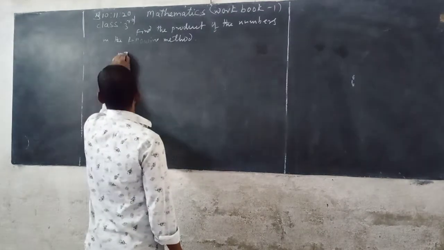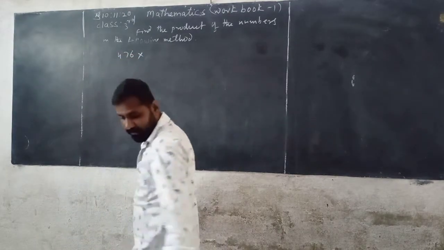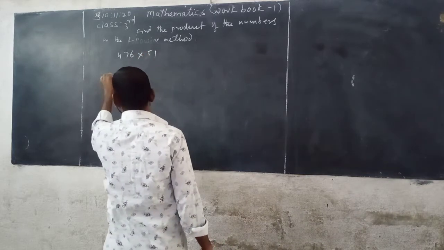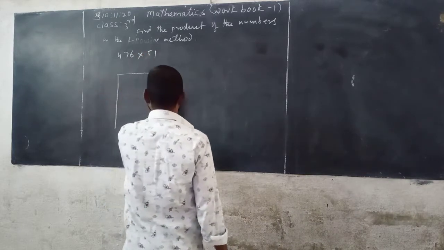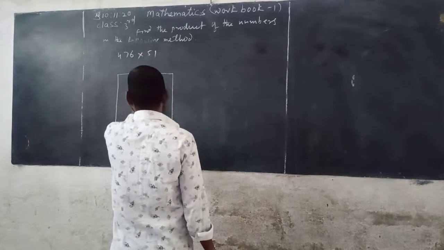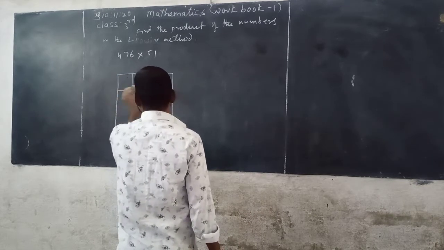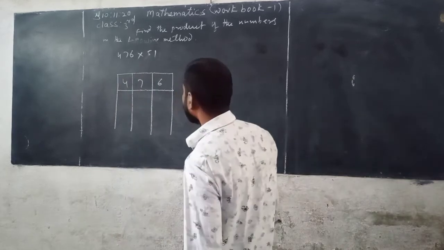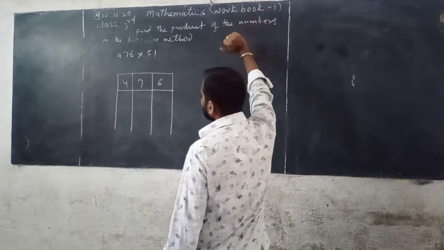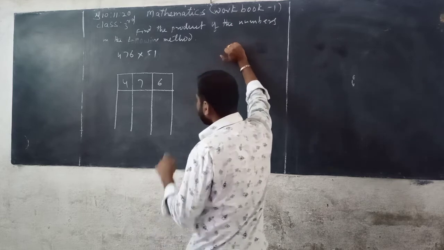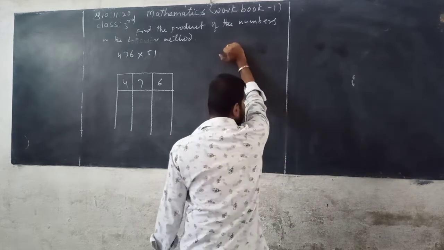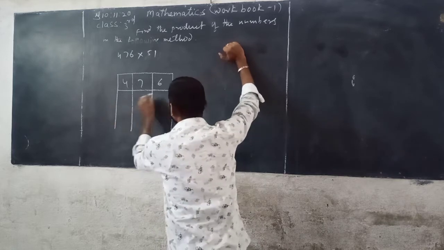476 into 51. 476, write at the top of the column, and 51 write adjacent to the rows, then you can write here.